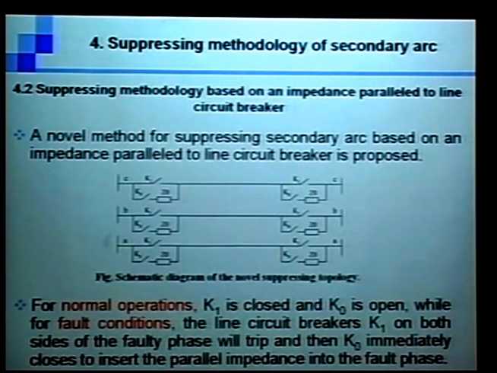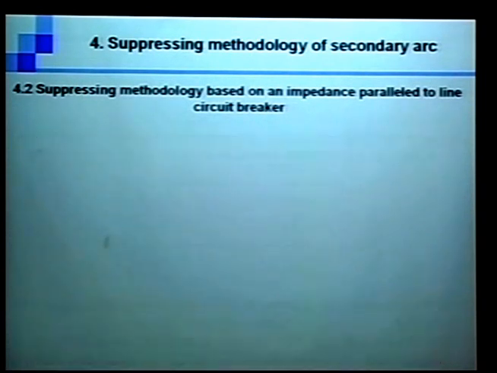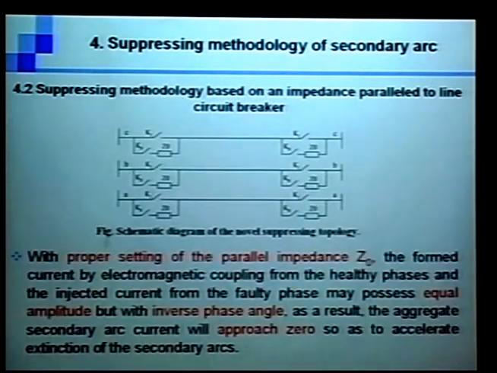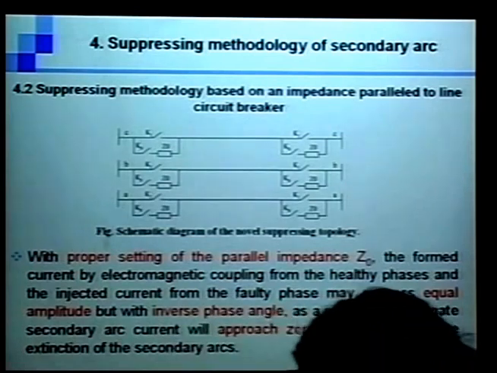Here some words explain how to operate the sequence, how to control the switches K1 and K0, to switch in and switch out the resistance, the impedance. With proper setting of the parallel impedance, the current formed by electromagnetic coupling from the healthy phases and the injected current from the faulty phase may possess equal amplitude but inverse phase angle.